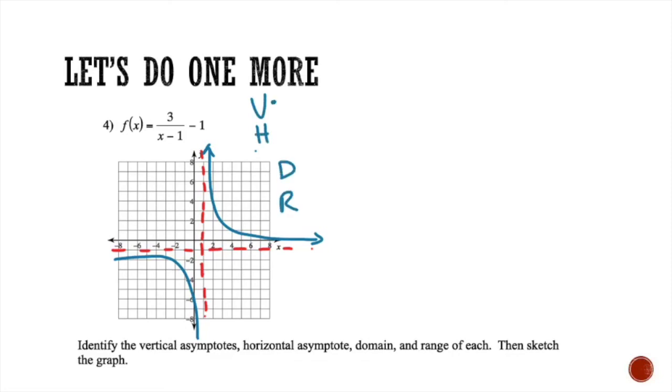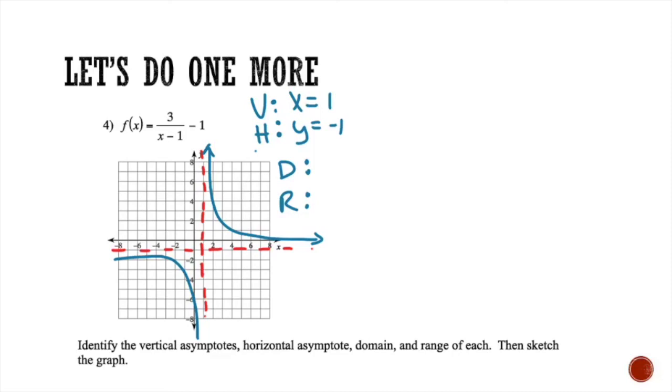So this is the vertical asymptote, with the equation x equals 1. And my horizontal asymptote is y equals negative 1. And then the domain is the same thing that we've been doing? Yes. So my domain, x not equal to 1.